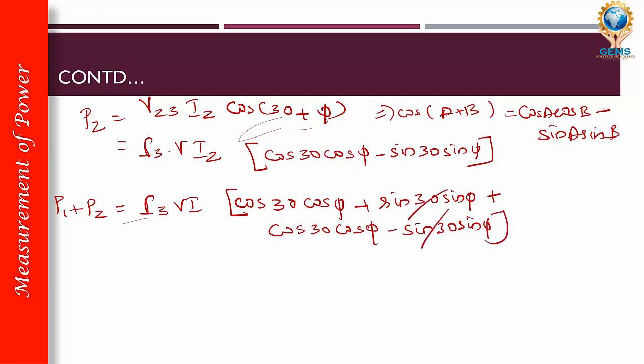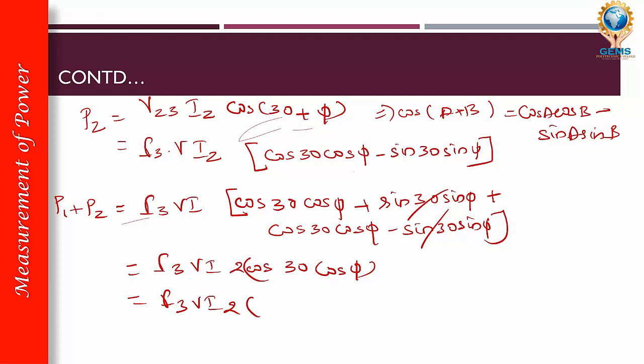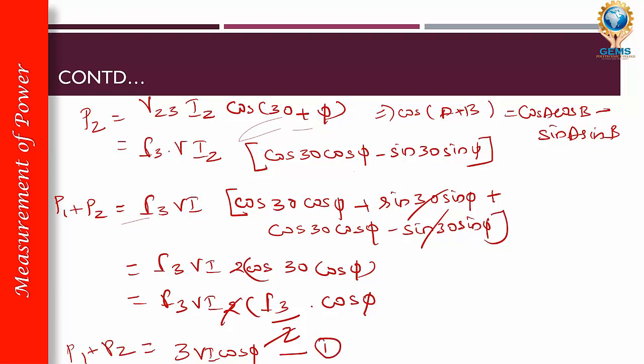So this gets cancelled and I get root 3 VI times 2 cos 30 cos 5. Cos 30 is root 3 by 2, so the 2 and 2 get cancelled, and root 3 into root 3 is 3. So 3 VI cos 5 is the addition of the two powers.